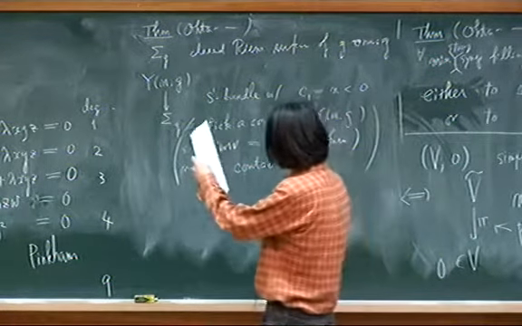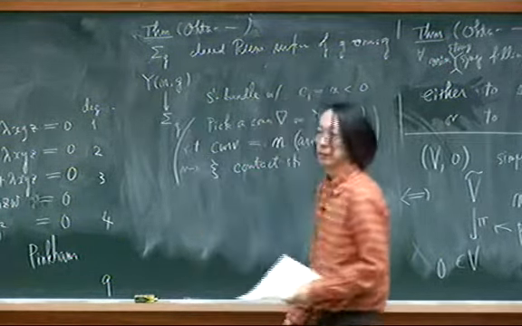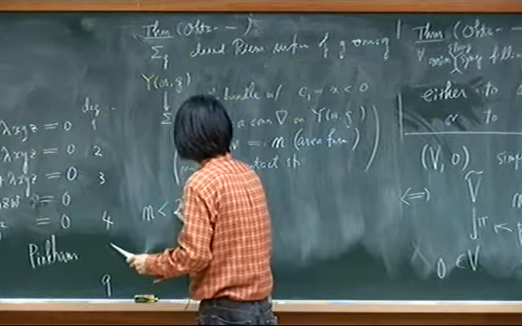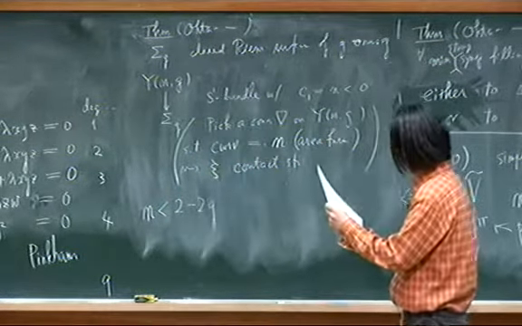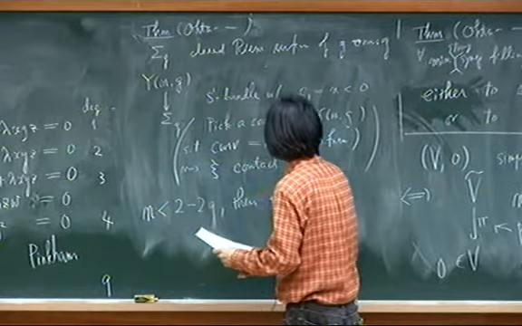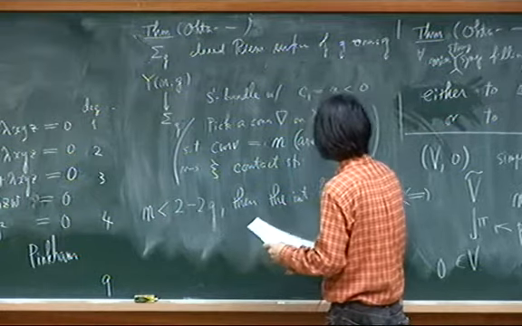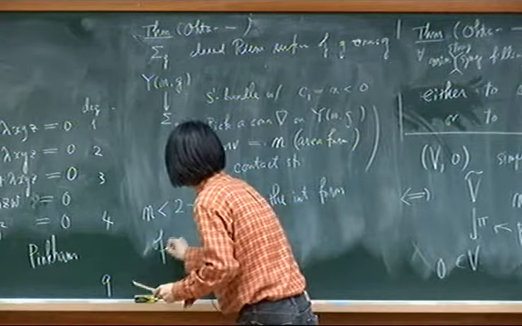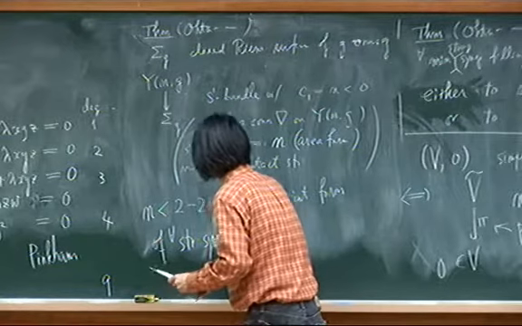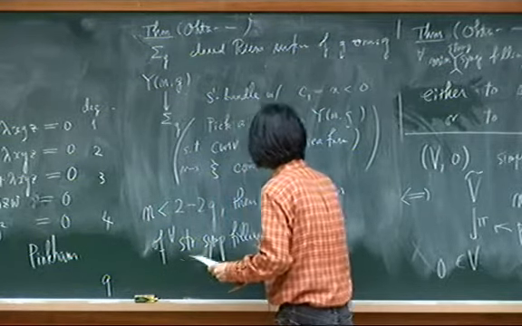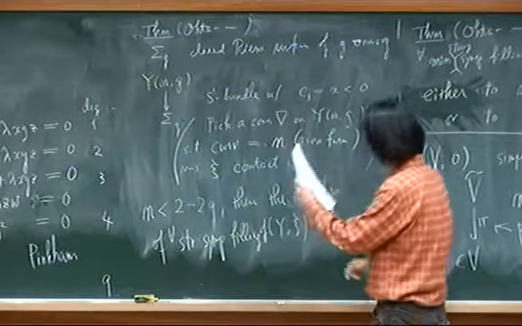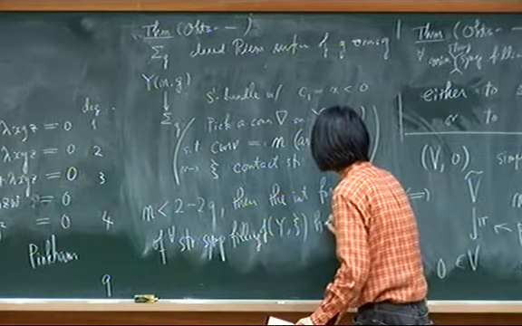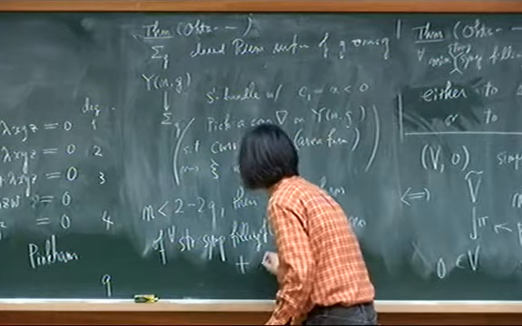And then for this contact structure, we can say the following. If this number n is smaller than 2 minus 2g, then the intersection form of any strong symplectic filling of this has no positive eigenvalues, has no positive part.